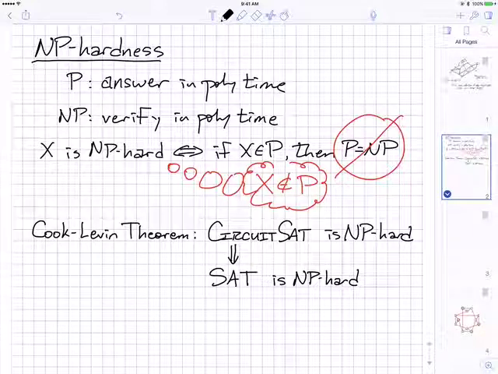So you have variables that are connected by operators like and, or, if and only if, and not. And the question is whether there is an assignment of values to the variables, A is true, B is false, C is true, and so on, so that the entire expression evaluates to true, or is it the case that no matter what I assign to the variables, this expression is always going to evaluate to false?